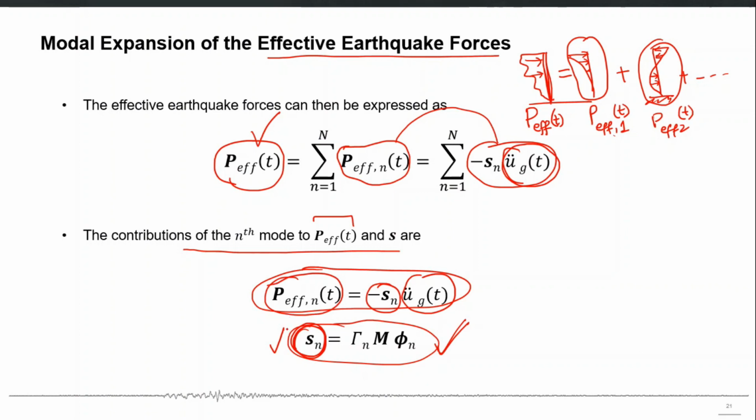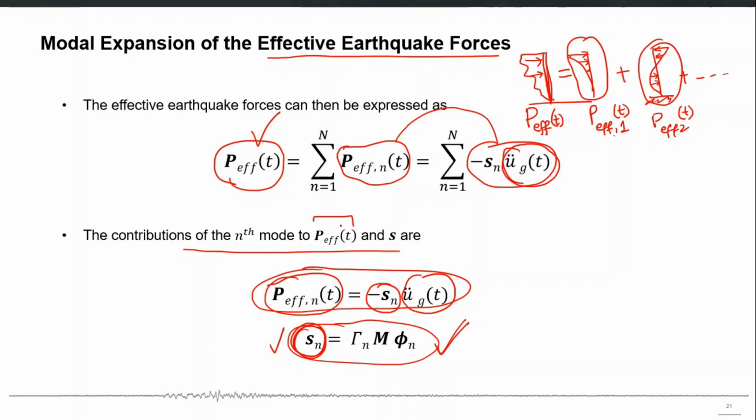So you may now, with this idea, instead of applying the total effective earthquake force to your computer model, also apply the nth mode contribution to your computer model, which is only from a particular vibration mode, right? And then you will see that the structural model will only respond in that particular mode when you apply P effective for that mode.